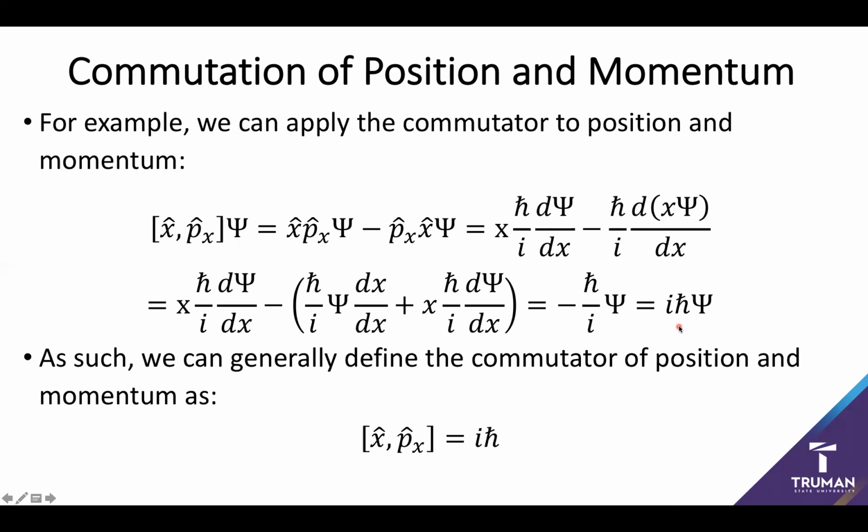So as a result, we generally define the commutator as, again, that eigenvalue. However, you'll note that this is, I can't say a real value, but an actual numerical value, even if it is imaginary. And this has the unfortunate meaning that the commutator is not equal to 0. So position and momentum don't commute.